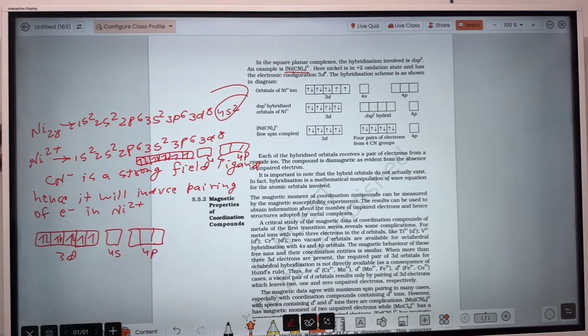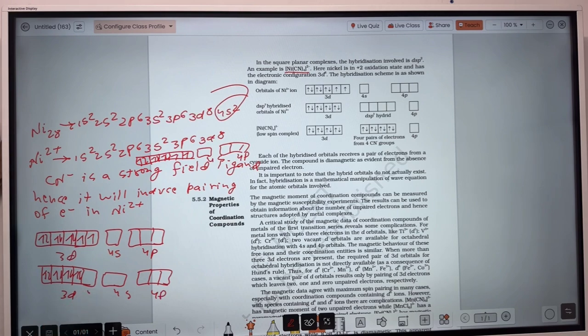So when that induces pairing of electrons, this electron will come here. So now in the d orbital, there will be one vacant 3d orbital, this 4s orbital, and this 4p orbital. So 4s and 4p.